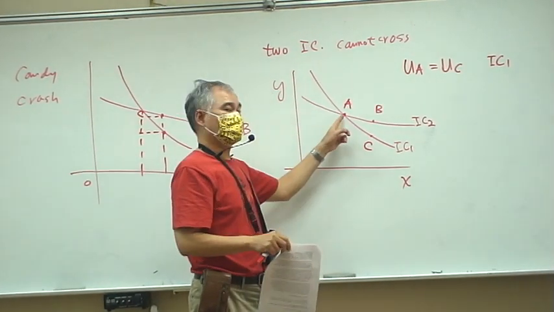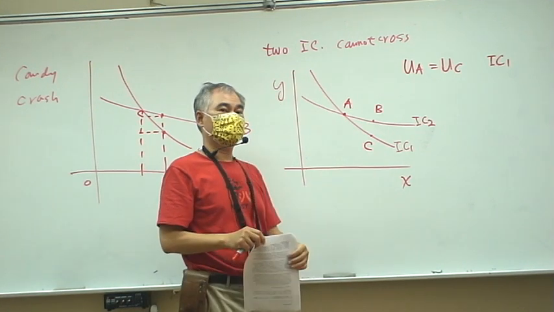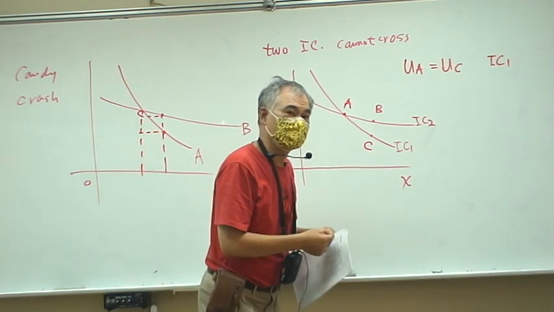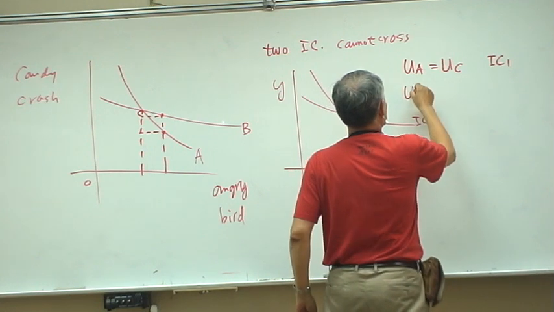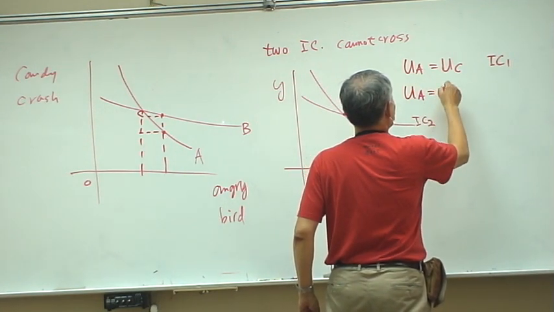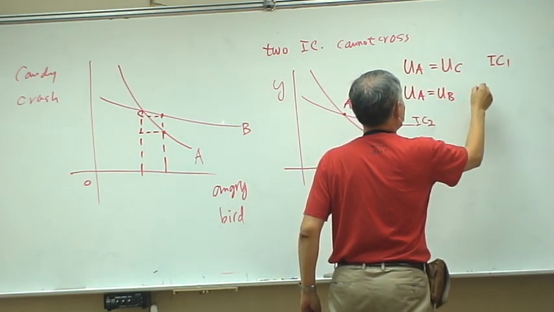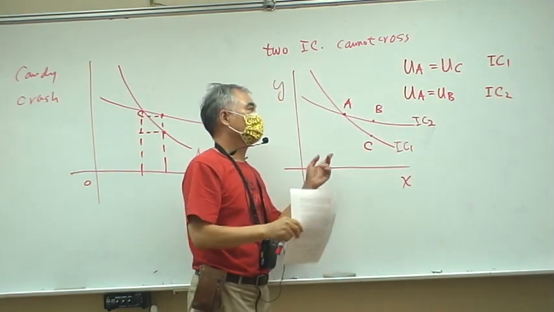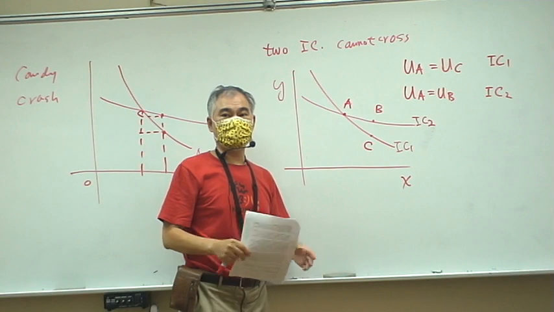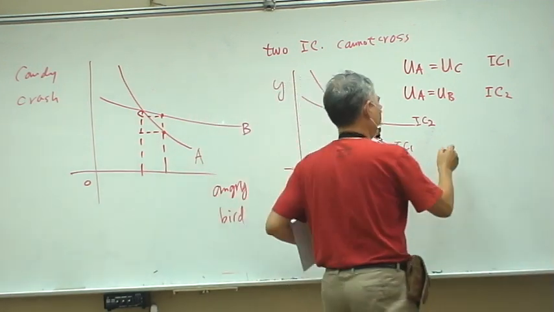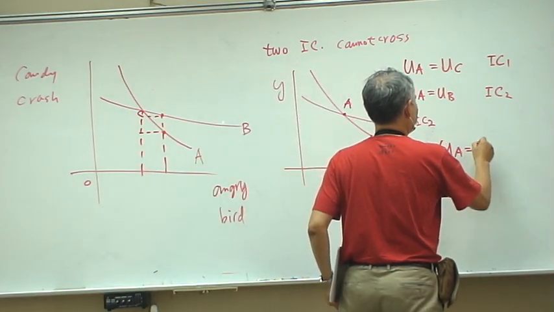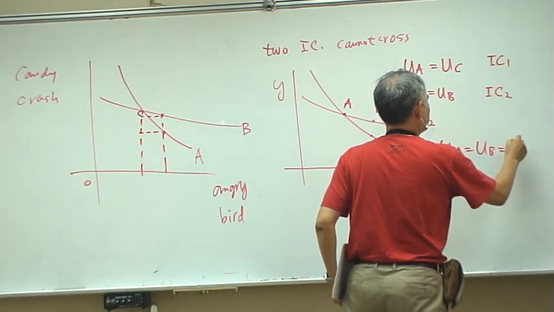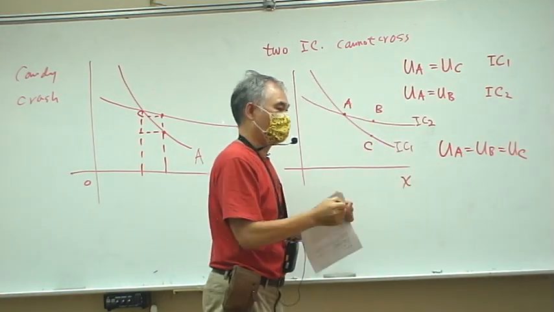What's the relationship between A and B? Utility A is also equal to utility B because they are both on IC2. So what's the conclusion? The conclusion will be UA is equal to UB and is equal to UC.